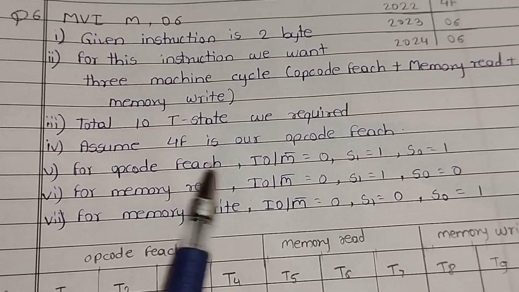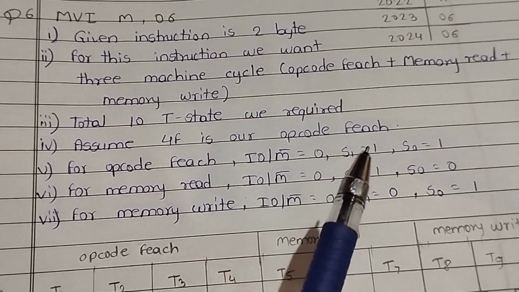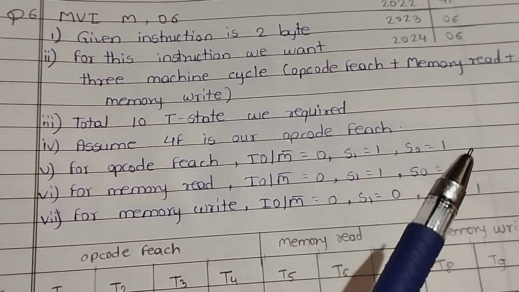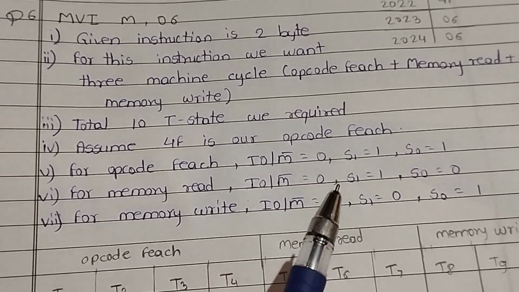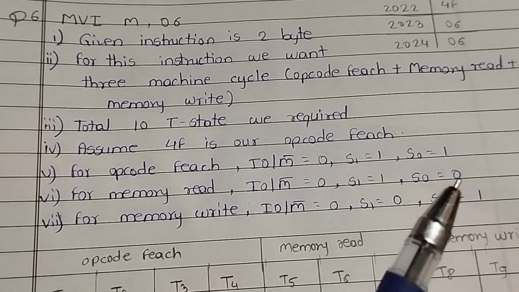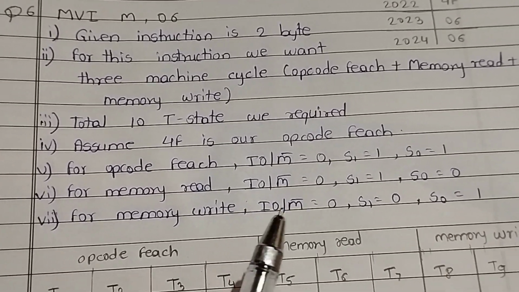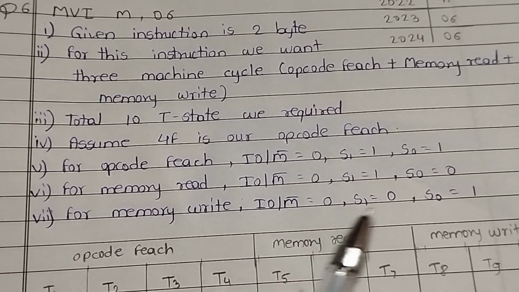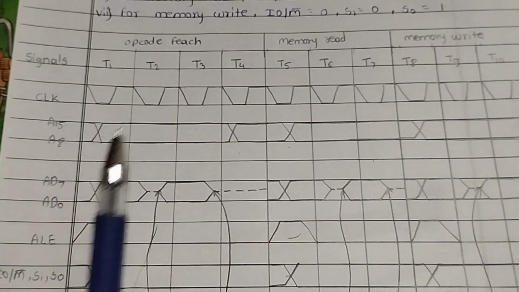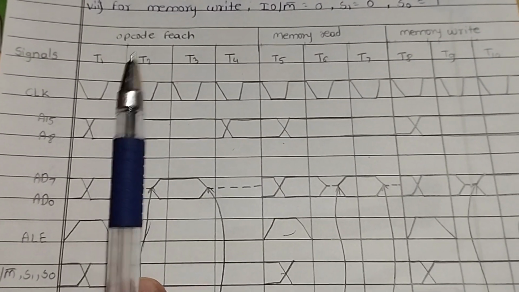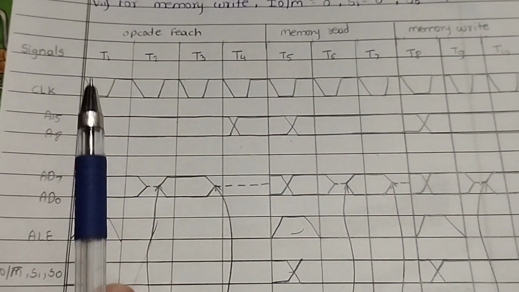Then for the opcode fetch, IO/M bar is equal to 0, S1 is equal to 1, S0 is equal to 1. For memory read, IO/M bar is equal to 0, S1 is equal to 1 and S0 is equal to 0. Then for memory write, IO/M bar is equal to 0, S1 is equal to 0 and S0 is equal to 1. We follow the same procedure for constructing the timing diagram.